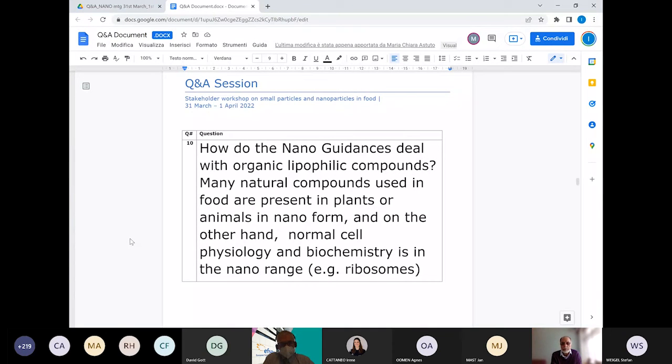So it can be said, what's the difference? We already have this system where things happen at nanoscale. And this is the crux of this question. The difference is that in the case of food materials, those materials are dealt with by the body through digestion, and some of them are absorbed and the others are excreted, eliminated.